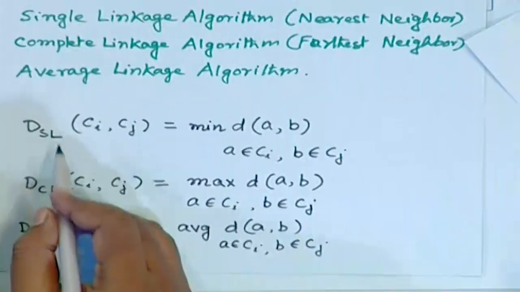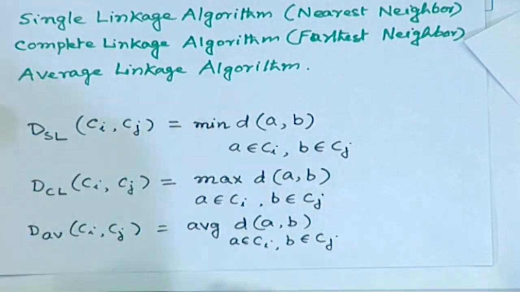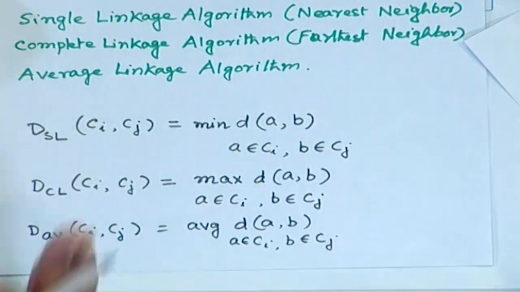So, these algorithms, single linkage, complete linkage or average linkage, tell how you compute the distance between the clusters. That is all. And once I get the distance values, the pair of clusters having the minimum distance, in whichever way I compute, that pair of clusters is the most similar pair of clusters, and I have to combine them. Is that okay?